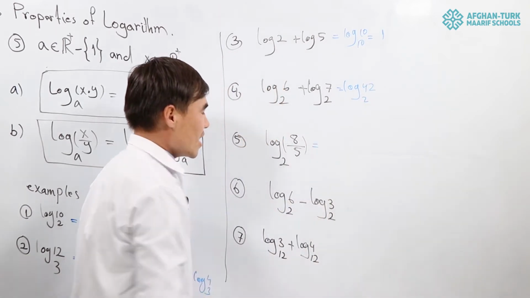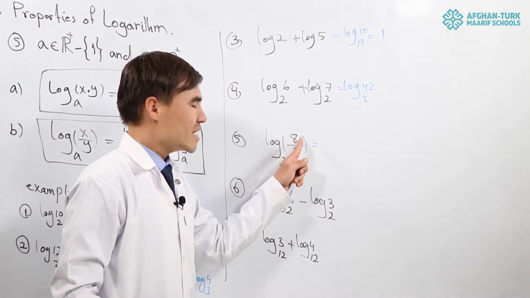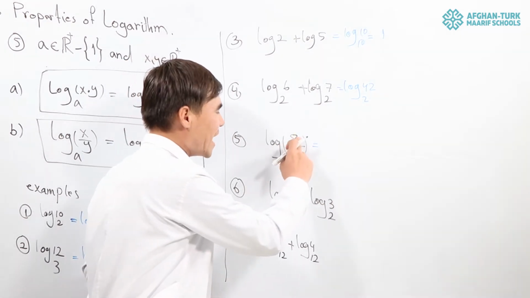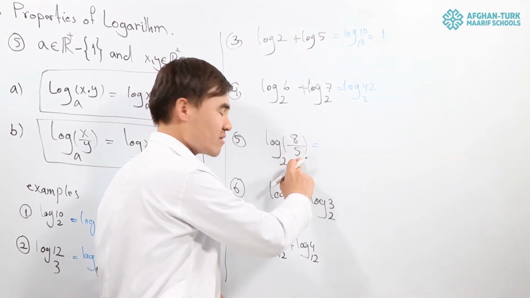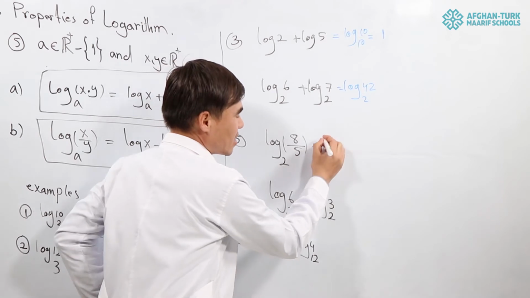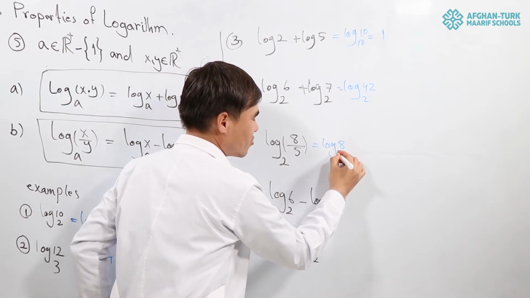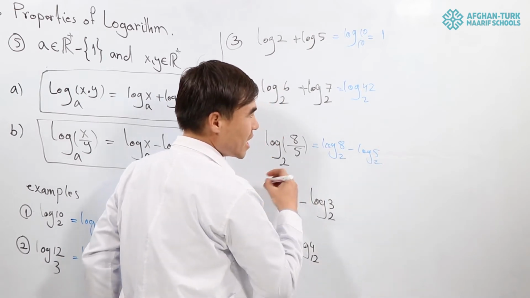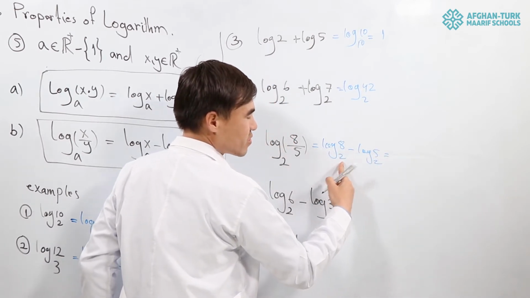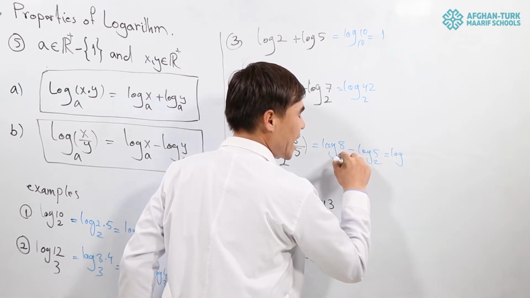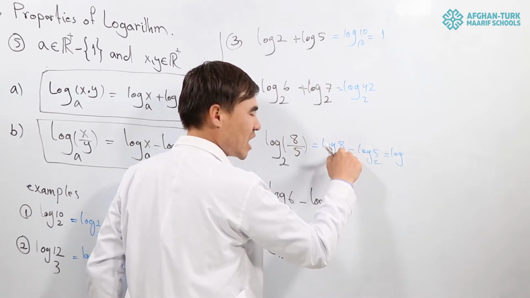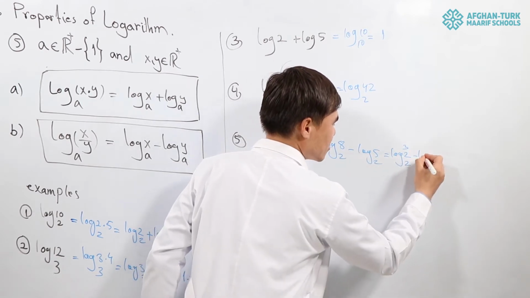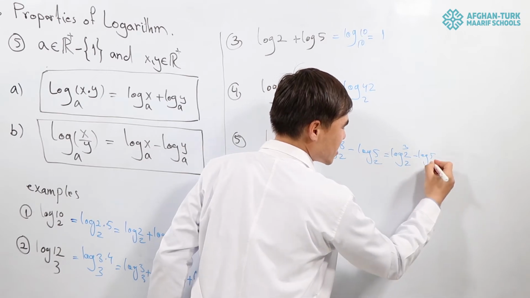Okay. This is in quotient form. How can we change it into subtraction form? Log of 8 over 5 to the base 2. Let's write log of number 8 to base 2 minus log of number 5 to base 2. We can also simplify this: instead of 8 we can write 2 to the power of 3, to the base 2, minus log of 5 to base 2.